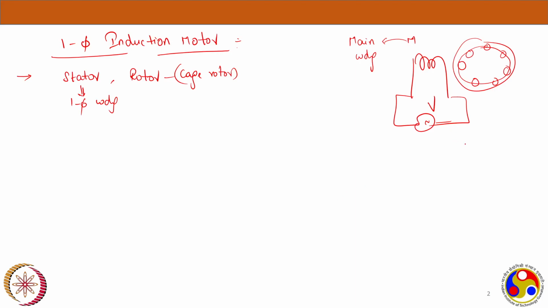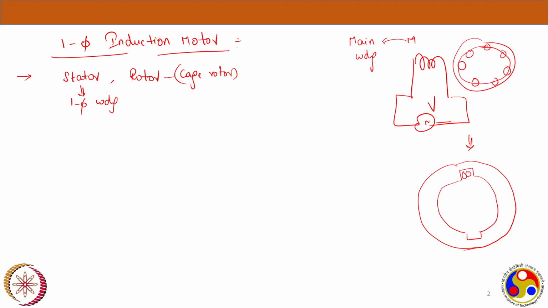If you want to look at this winding and rotor from a machine's perspective, let's say you have a machine like this, and we have slots here.